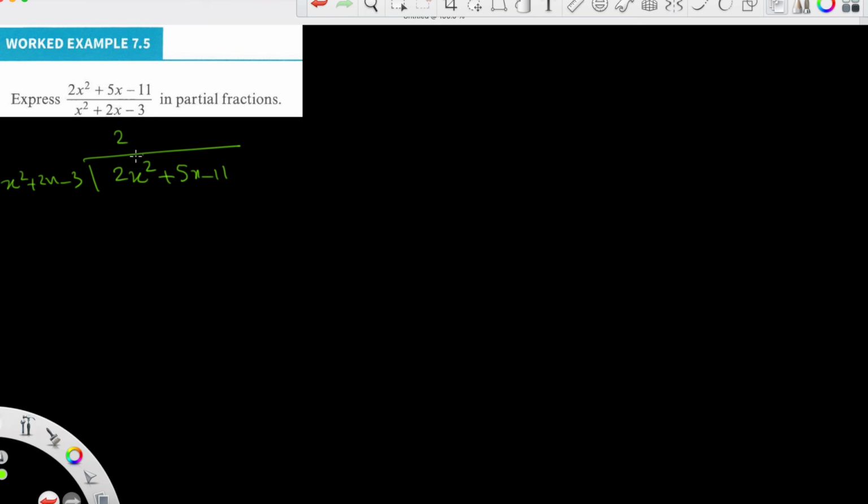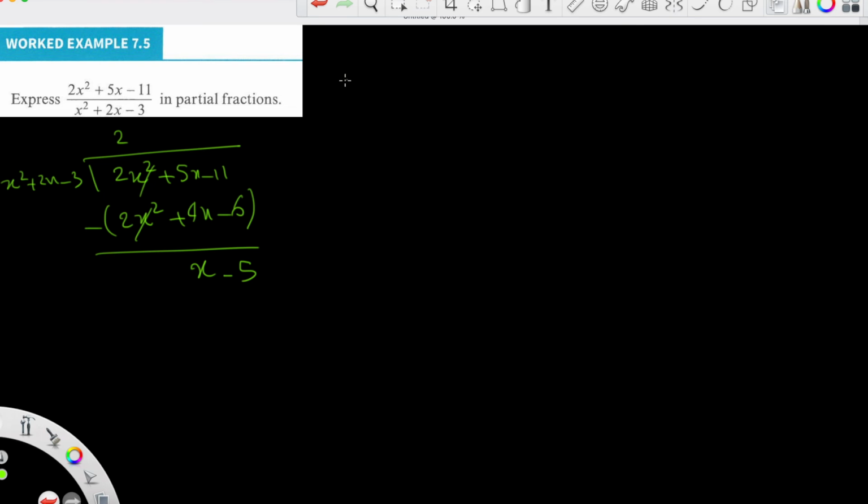We need a 2 first, so it will be 2x² + 4x − 6. If you subtract them, the x² terms cancel out. For 5x − 4x, which will be x, and −11 + 6, which is −5.